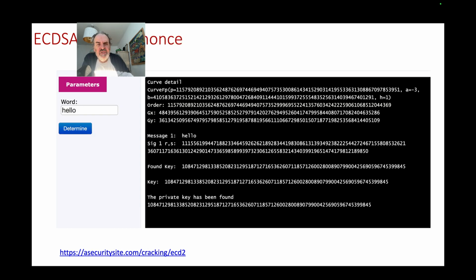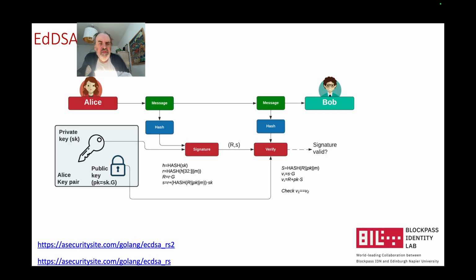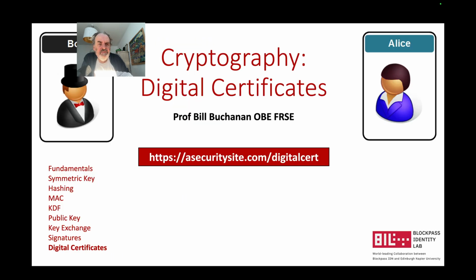What we need to watch is that we don't leak that nonce value, that K value, otherwise someone can actually hack the private key from that. Another method that's now popular is called EdDSA. It's the same type of process, but it's a bit more lightweight overall and has smaller keys.